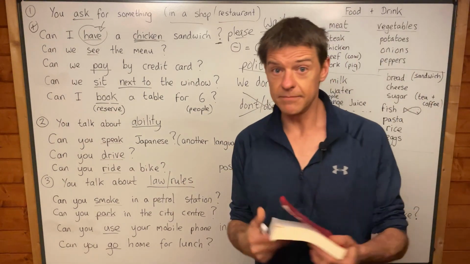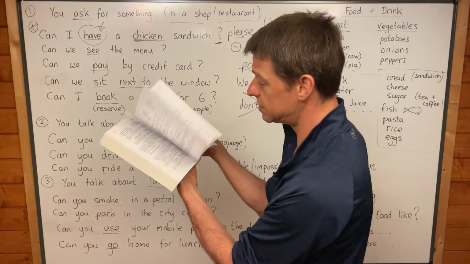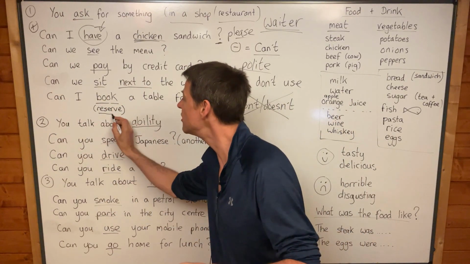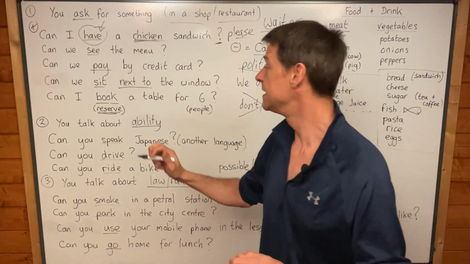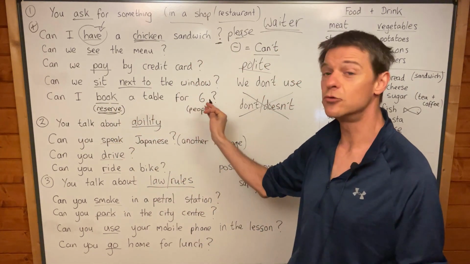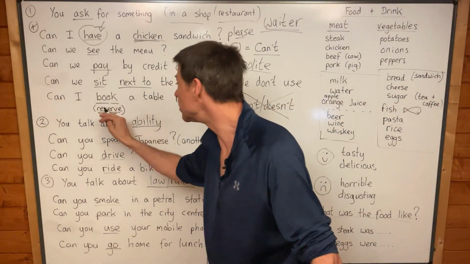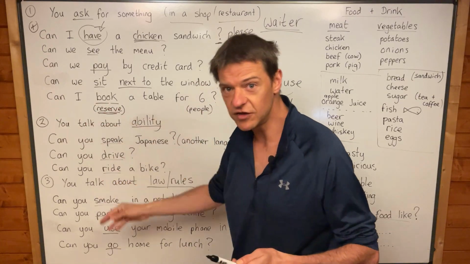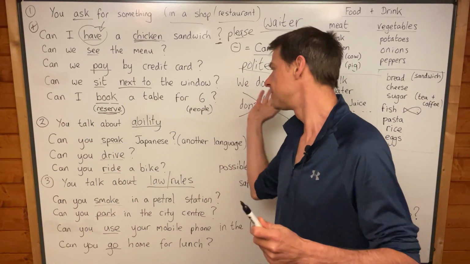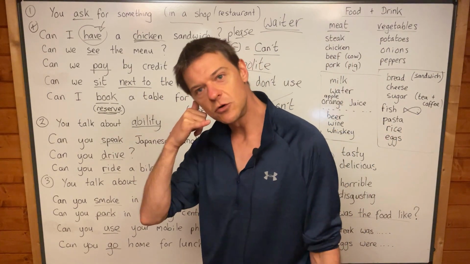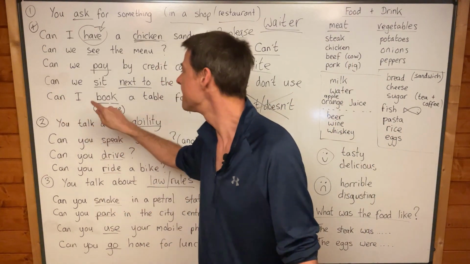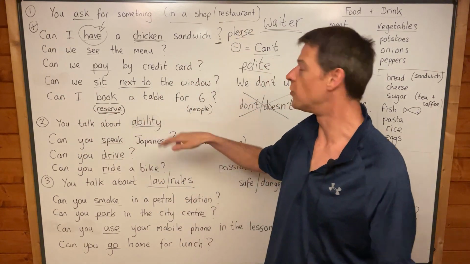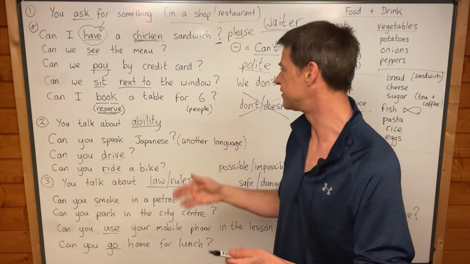This is a book. But book can mean reserve when it's a verb. Can I reserve a table for two? Can I book a table for two, please? A table for six. So when you call on the phone, say, can I book? Or can I reserve a table for four, a table for two, a table for six?